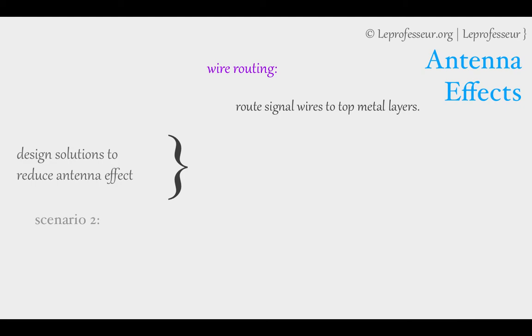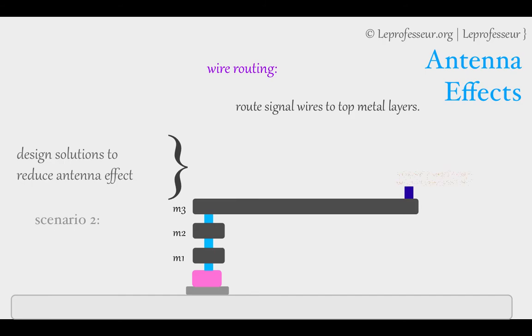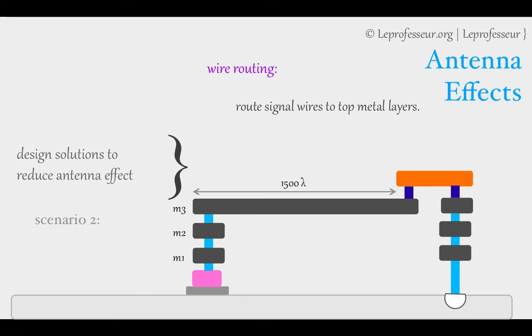So let's talk about scenario 2. Same way, you routed your signal line to the top metal layer, but in that case your M3 level metal routing is too long, about 1500 lambda. It's just too long.